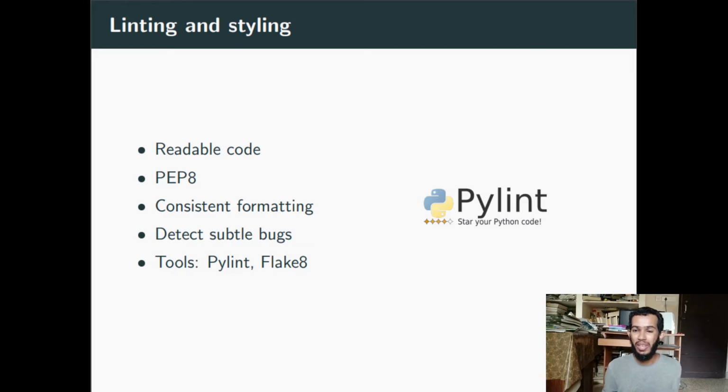These linting tools are also capable of finding subtle bugs that may have crept into our code without us realizing it. For example, an argument of a function may have a default value which is a list. That's not a good thing because a list is mutable, and while we keep calling that function again and again, the list value will keep changing.